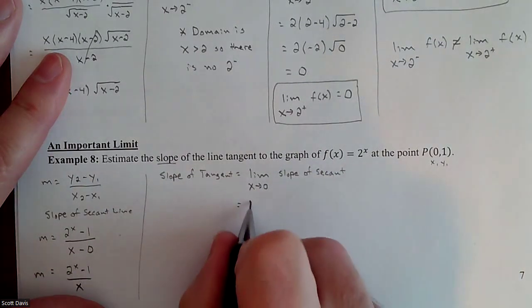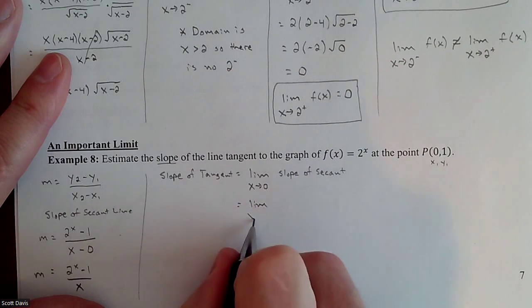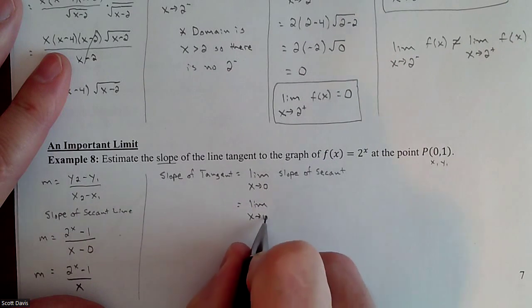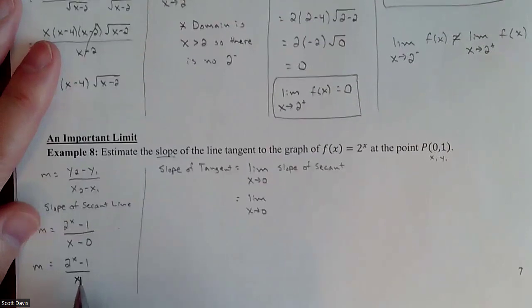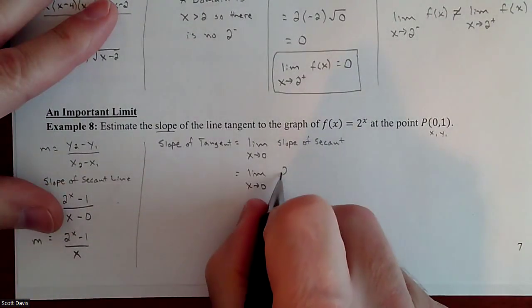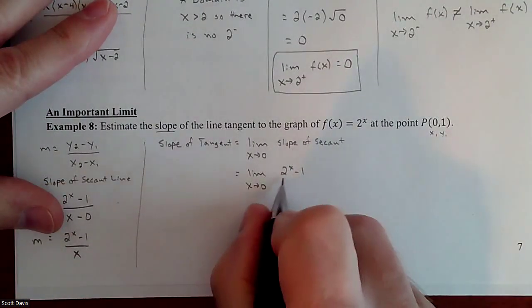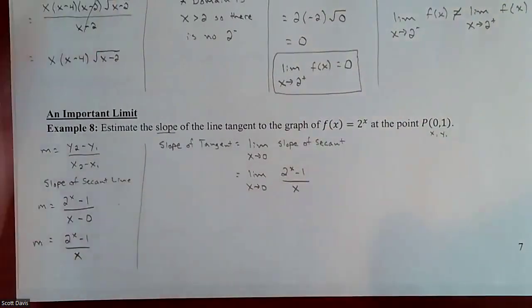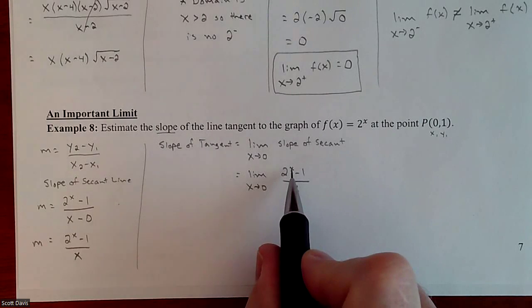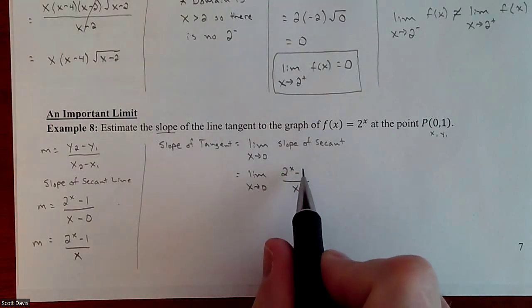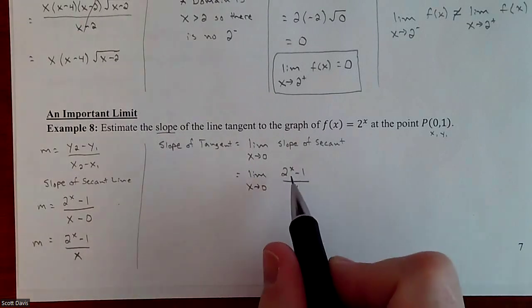So we're going to be doing the limit as x approaches 0 of this equation, 2 to the x minus 1 over x. The problem is, right away, if I plug 0 into this, I'd have 2 to the 0, which is 1, minus 1, which is 0, divided by 0. So 0 over 0. Not helpful.